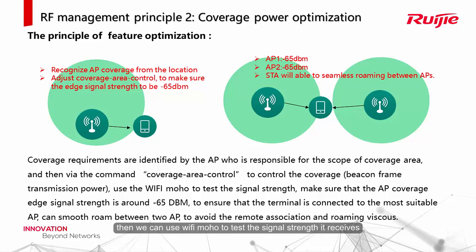Then we can use a Wi-Fi mode to test the signal strength it receives, to make sure at the edge of the coverage, the signal strength is around minus 65 dBm, and the terminal can access the appropriate AP and roam smoothly between two APs. We suggest the signal strength at the middle point of two APs should be around minus 65 dBm, so that the terminal will be able to connect to the most suitable AP.